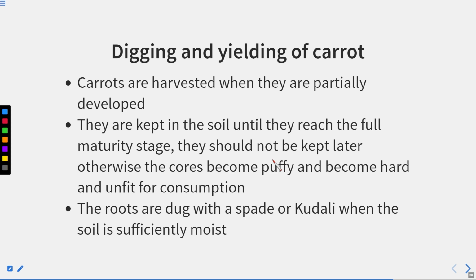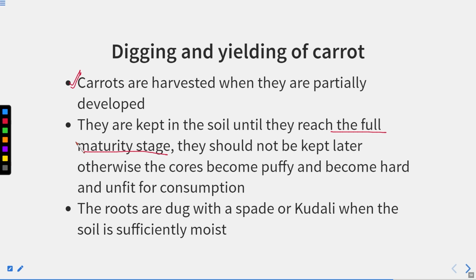Digging and yielding of carrot. So once the carrot is grown, we have to dig out that carrot. Carrots are harvested when they are partially developed, and they are kept in the soil until they reach the full maturity stage.